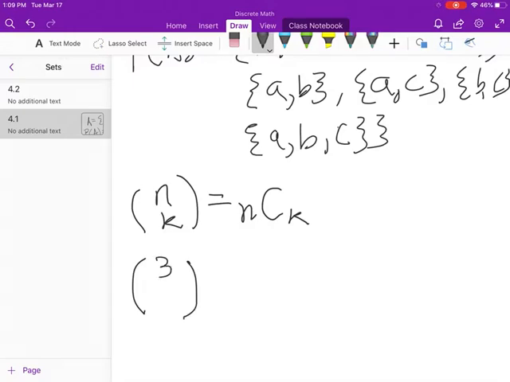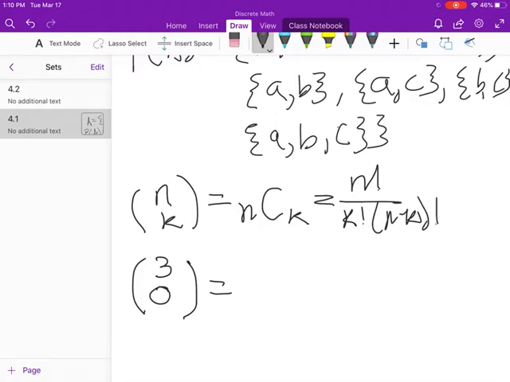So n is 3, and for the number of 0-element subsets, notice I'm choosing 0 out of that set of 3. If you remember, it's n factorial divided by k factorial times n minus k factorial.